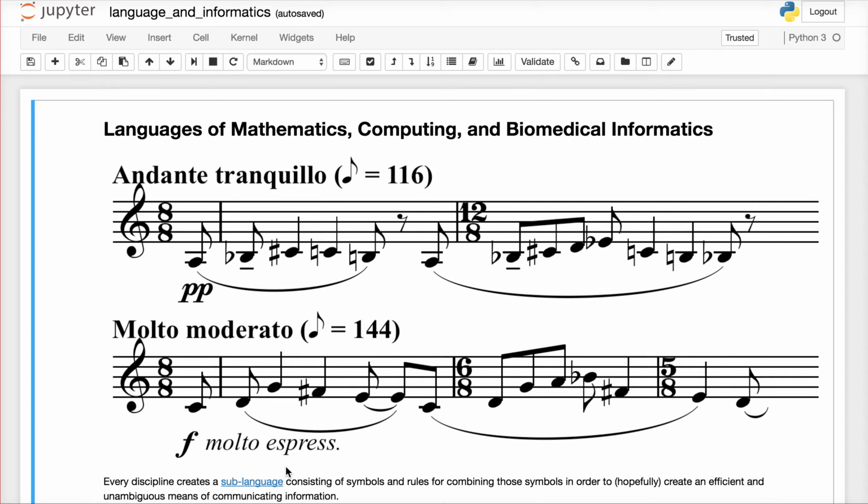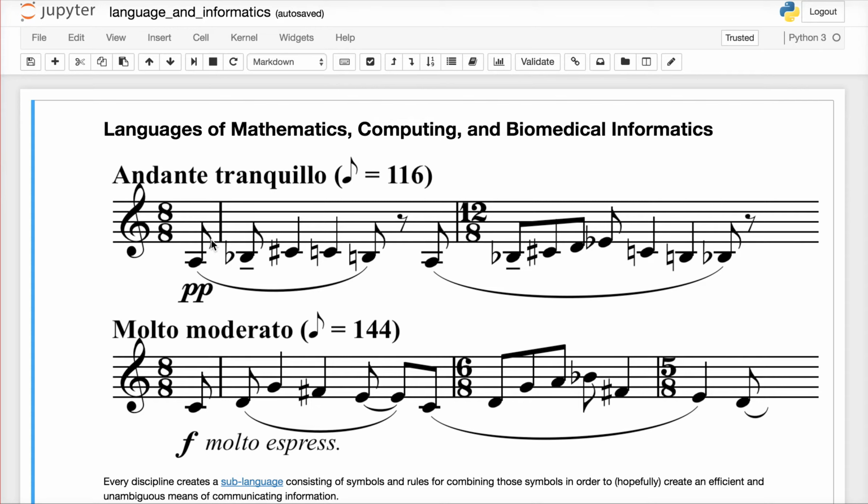It's useful to look at some of the other settings where there are specialized languages. One of the first ones we might think of is music. Here we have an example of some music and how different symbols are used to represent different notes, the pitch and how long the note is played.